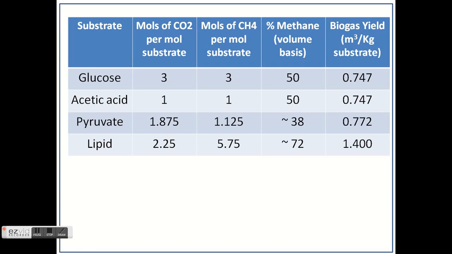Of course, different lipids may vary slightly, but most of them will be around 70 and above. And we see that for these three substrates, the volumetric yield per kilogram of substrate is similar, not too different, but lipid gives us quite a high biogas yield.